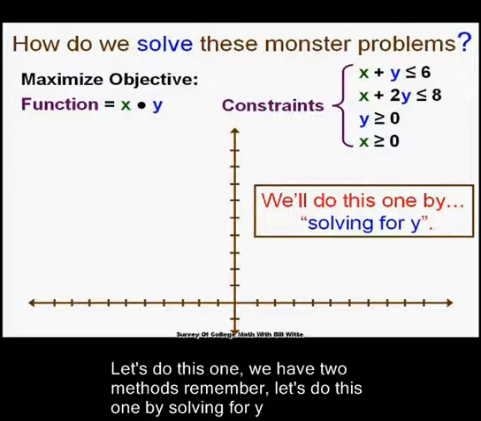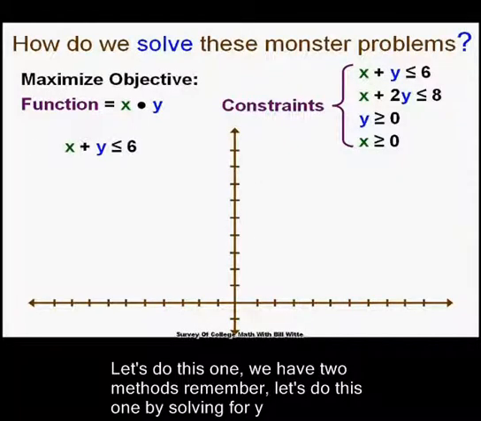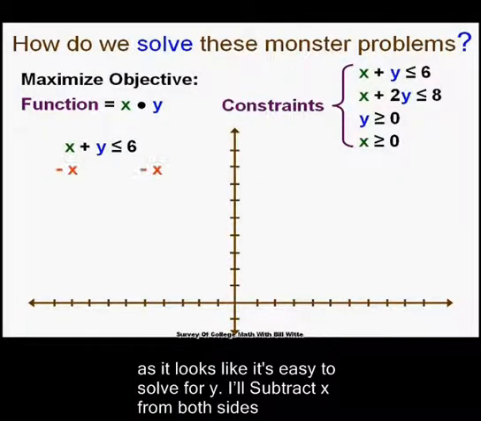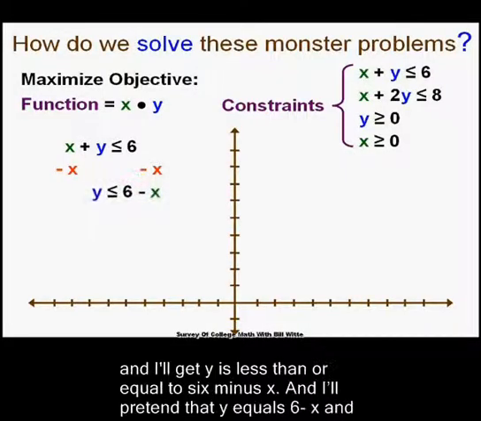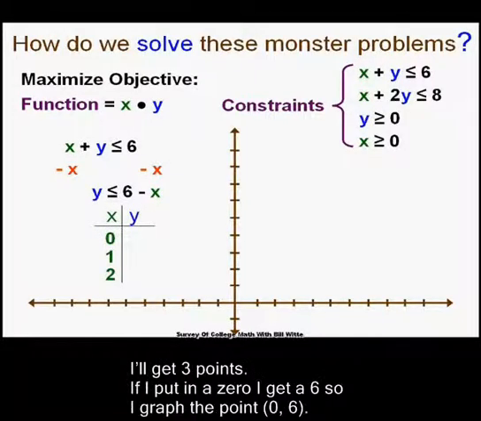Let's do this one by solving for y, because it looks like it's easy to solve for y. I'll subtract x from both sides, and I'll get y is less than or equal to 6 minus x, and I'll pretend kind of that y is equal to 6 minus x, and I'll get 3 points. If I put in a 0, 6 minus 0 is 6. There's that point.